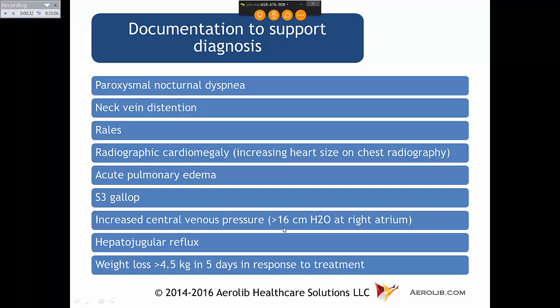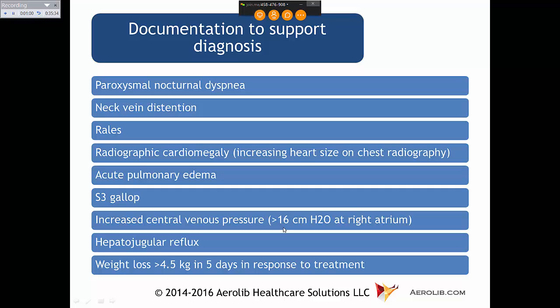It took me a while many years ago to learn what an S3 sounds like, and nowadays all you need to do is YouTube S3 gallop and you'll find 100 examples of what it sounds like. But auditors still look at that. It may be easier for you to order an echo and tell us what sort of valvular problems there are, but they still look for examination findings when they are trying to find out severity of illness.